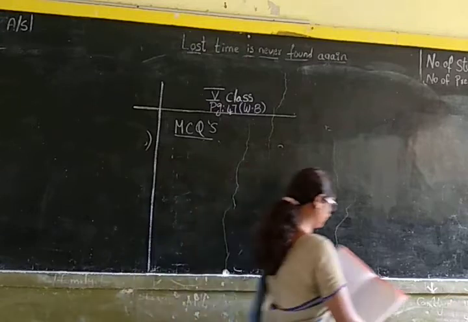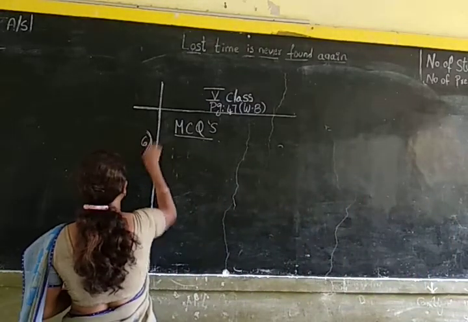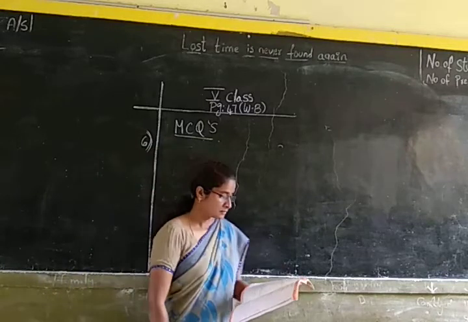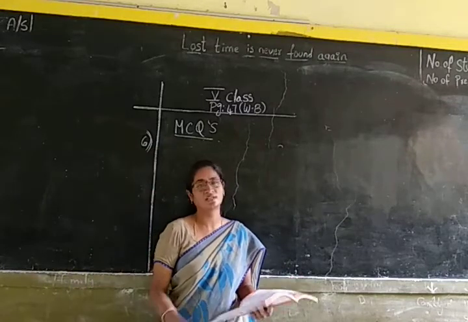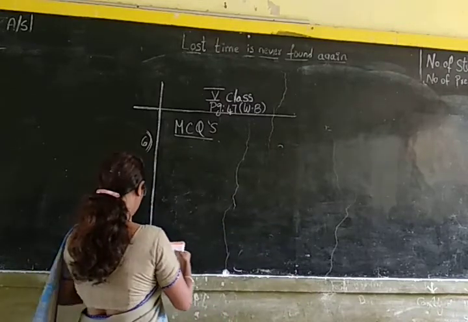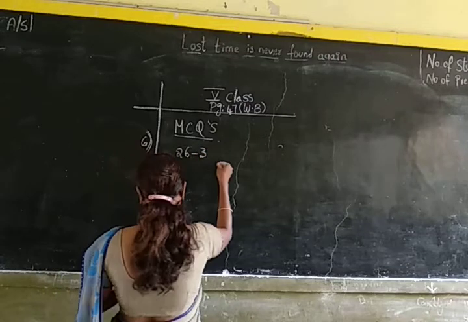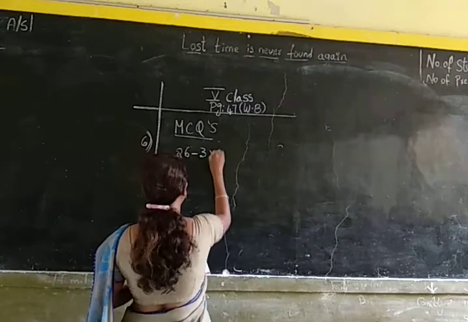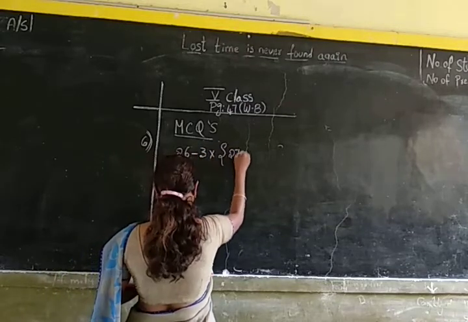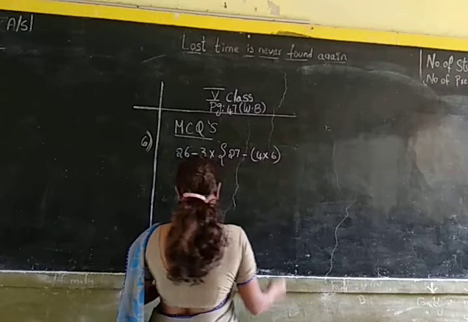So what is the sixth question? We have to find out the correct answer for the expression. Here there is an expression given and you have to find out the correct answer for the expression. The expression is 26 minus 3 into 27 minus 4 into 6.